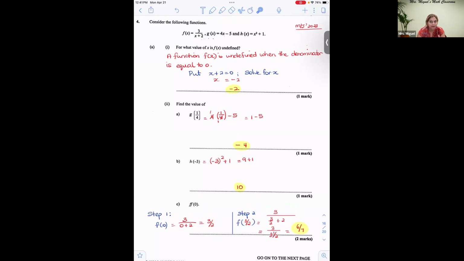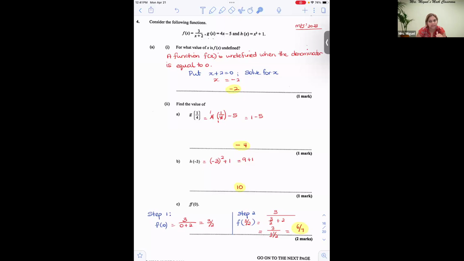So remember the steps in finding the composite function values. That is straightforward. It is correct answer only, meaning that they're only looking for -4, they're only looking for 10. If you don't have that, you're not getting any mark. For part 1 as well, they're looking for -2.